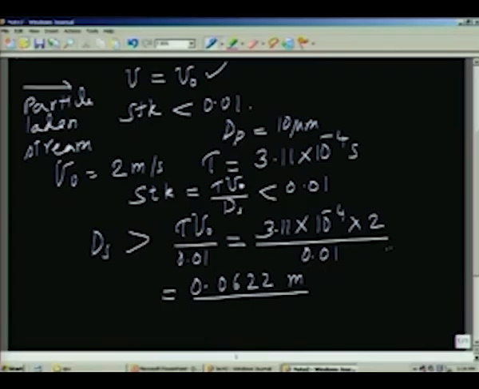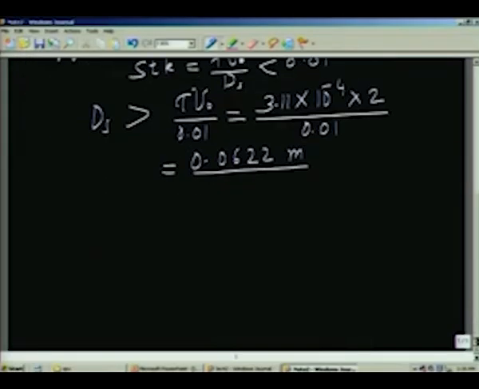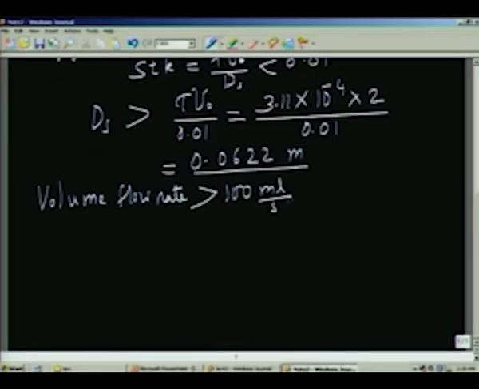The next one, we are also told that we have to have a volume flow rate not less than, that means it should be greater than 100 cc per second or 100 milliliter per second. So, now I will find out the requirement of the diameter, because we know that the velocity is equal to 2 meter per second.